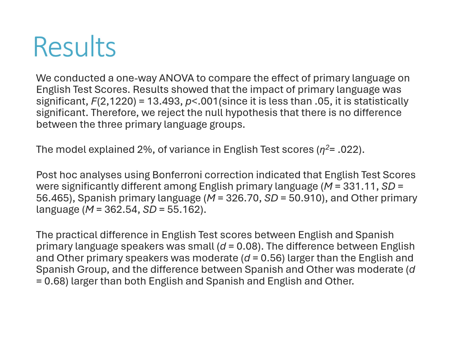The difference between English and Spanish was small, with a d score of 0.08, whereas the difference between English and other speakers was moderate, with a d score of 0.56. Finally, the difference between Spanish and other was also moderate, with a d score of 0.68. Overall, the results suggest that while English and Spanish are fairly similar in their scores, the other language group scores notably higher on average.